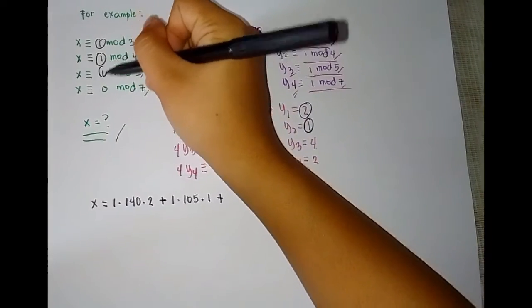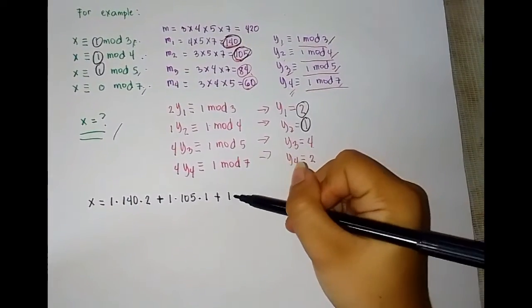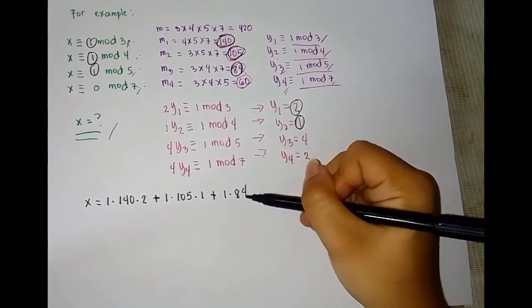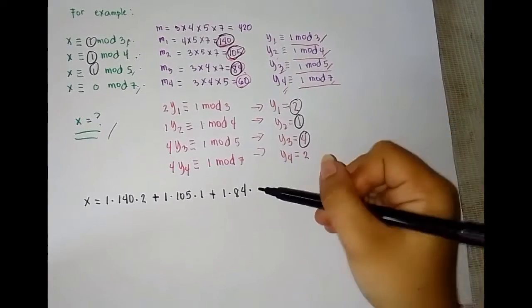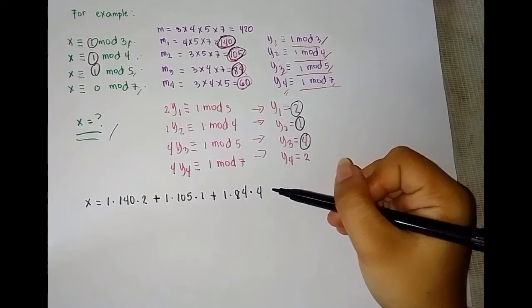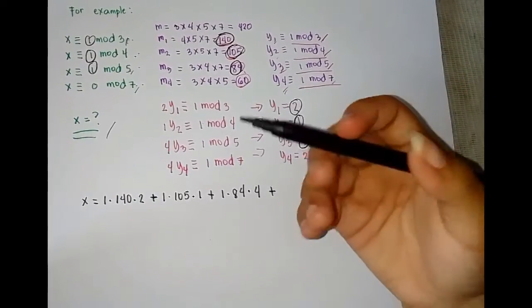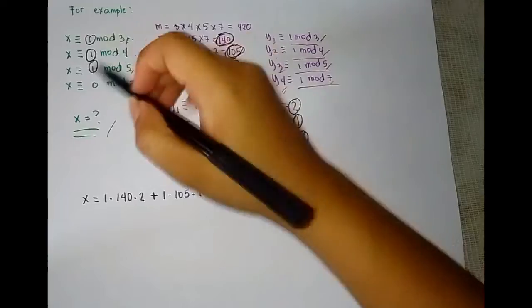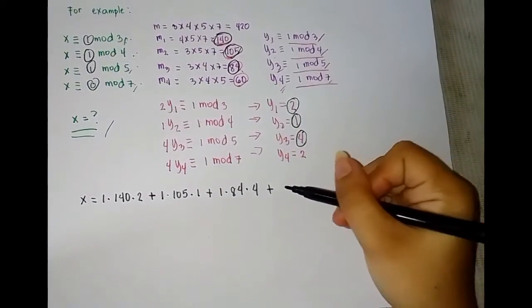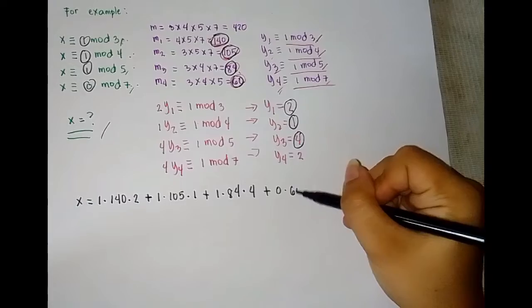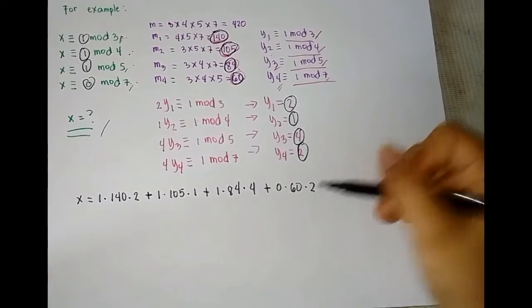The remainder is 1. We write 1 times m3, which is 84, and times y3, which is 4. Plus, if we multiply 0 by any number, then the answer is 0. So we'll just write 0, the remainder, times 60, m4, and y4, which is 2.